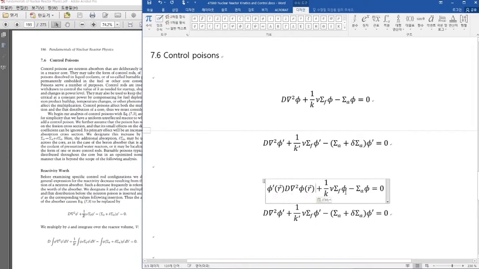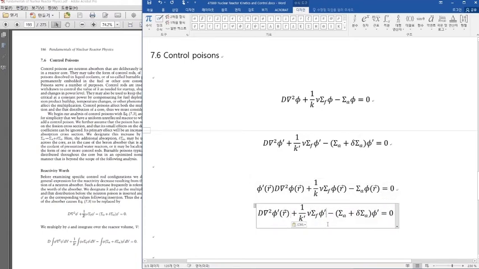In the first equation, we multiply phi prime to each term.